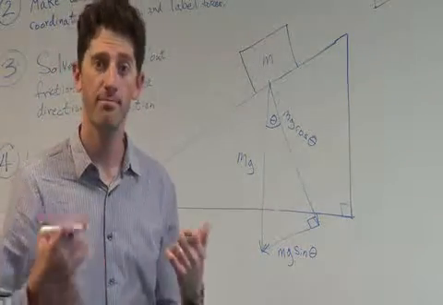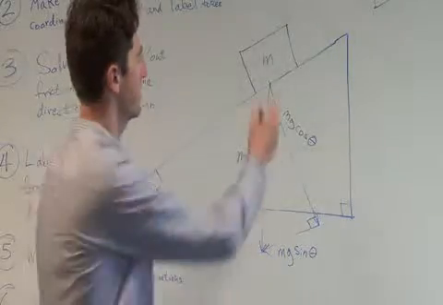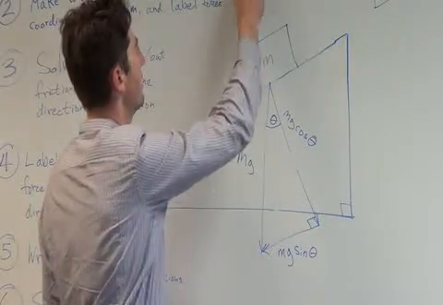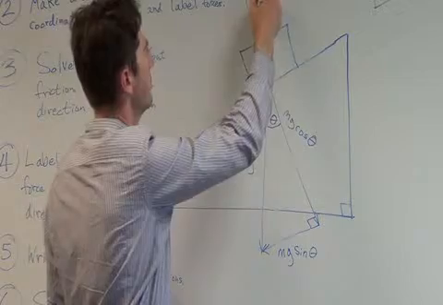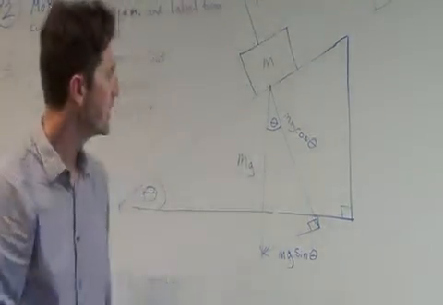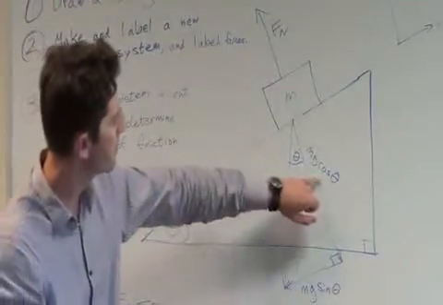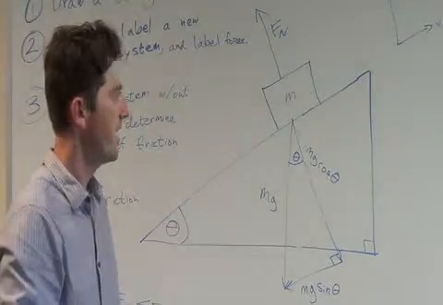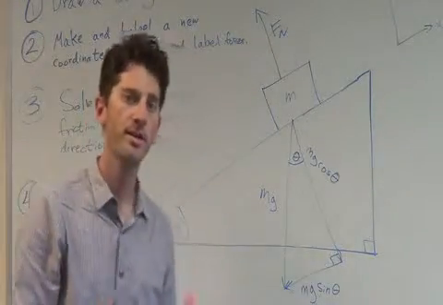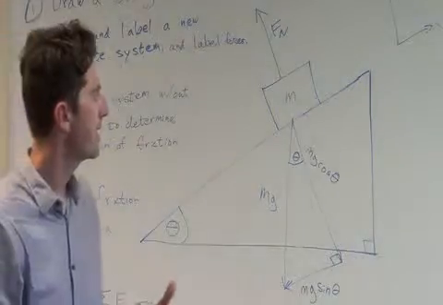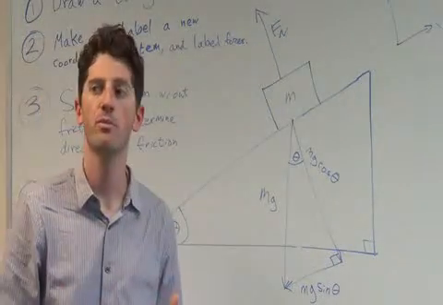If we have a static system, we know that there's going to be a normal force going straight up, equal and opposite to the mg cosine theta. And so that's how we want to set it up. This is set up just like a block ramp system with no friction.